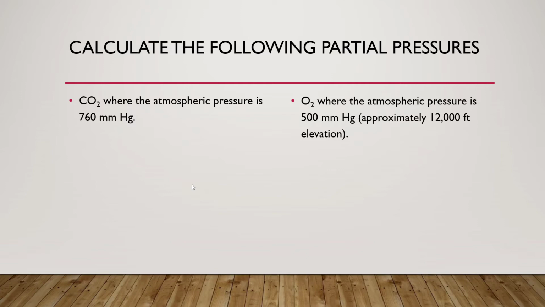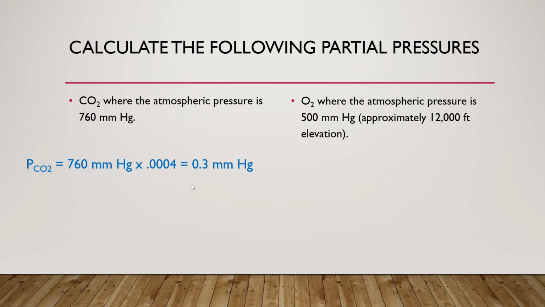Well, CO2 represents 0.04% of the total number of gases. So converting that into a decimal is 0.0004. So 3 zeros and a 4. And you get something like this. So your answer should be 0.3 millimeters of mercury.